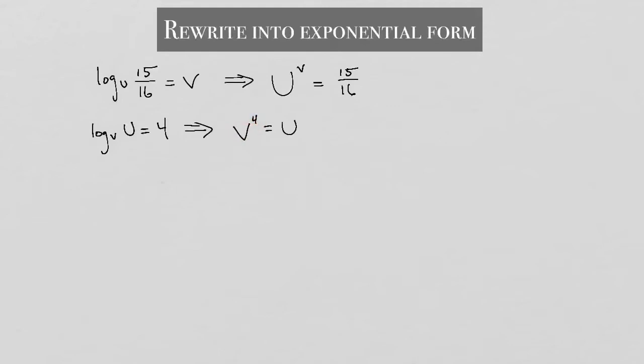So if I have log base 7/4 of x equals y, to rewrite that, I have the base is 7/4, so I'm going to say 7/4 being raised to the y equals x.